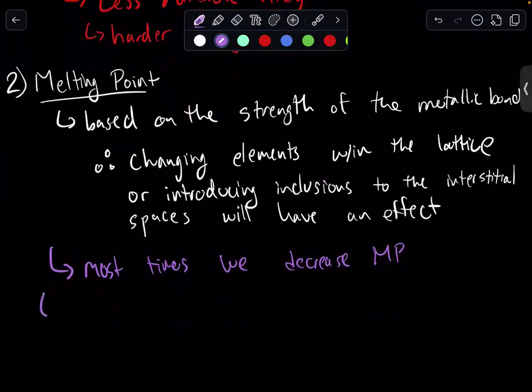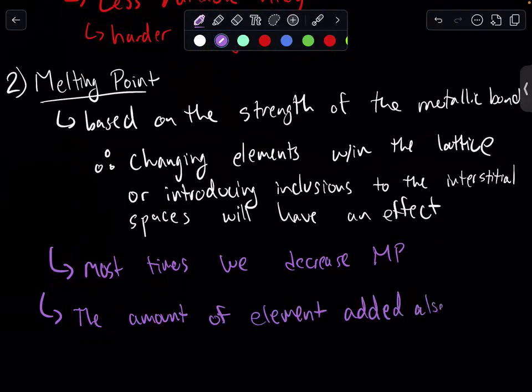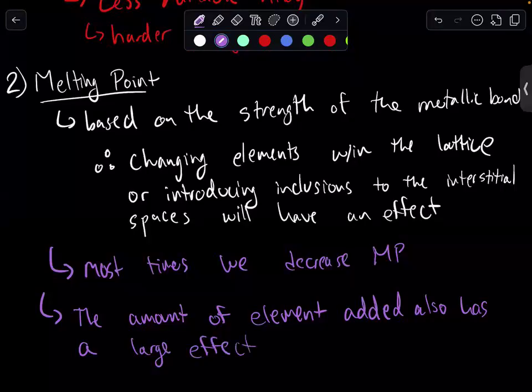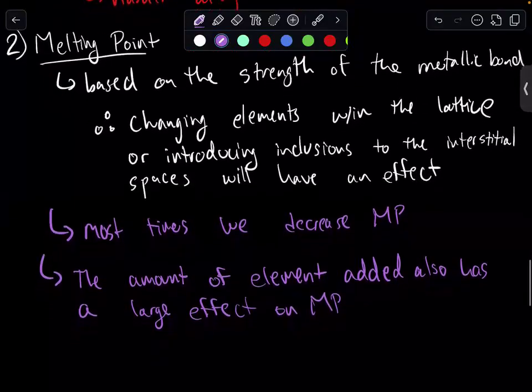And so a key aspect in this as well is that the amount of element added also has a large effect on melting point. So you can add more of an element and decrease or increase the melting point based on where it's already at.